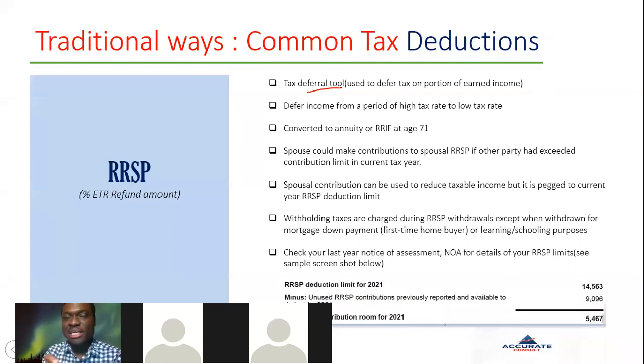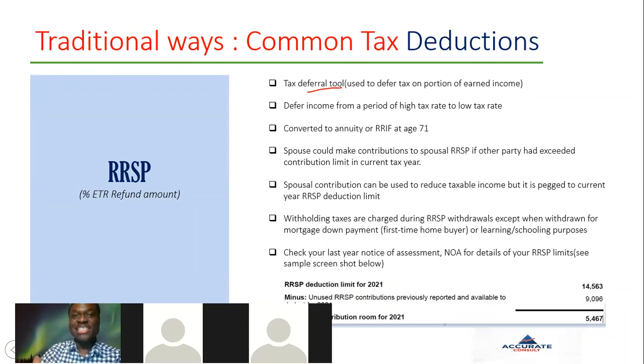Now, the goal of RSP is that currently, most of us who are earning between maybe 40 to 100K have a high effective tax rate, between 25 to 30%, and we want to reduce our taxes currently. So I want to defer tax on some of my income, such that when I'm old, maybe my tax rate will be around 10%, 11%, then I can withdraw those funds.